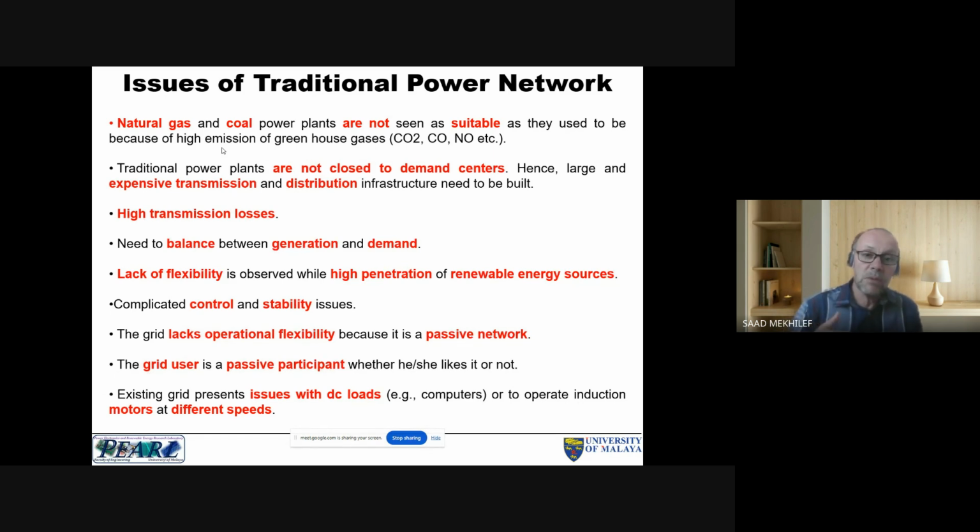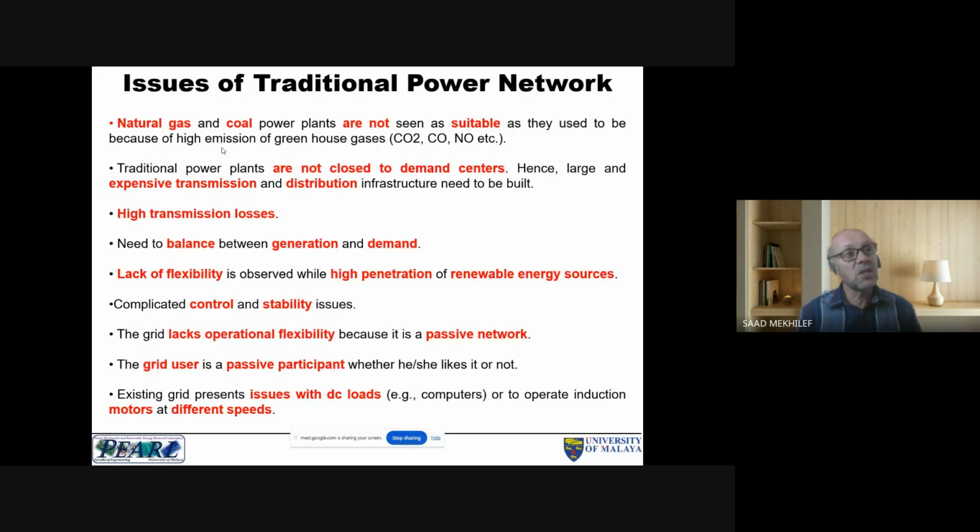We have seen a lot of floods, a lot of disasters happening, and that's all due to these emissions. We experience heat, we experience extreme temperatures, and this is due to those emissions.